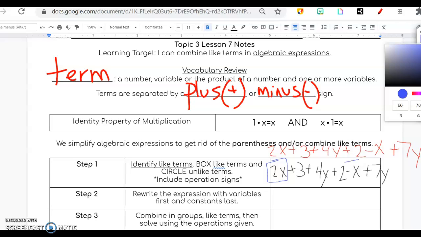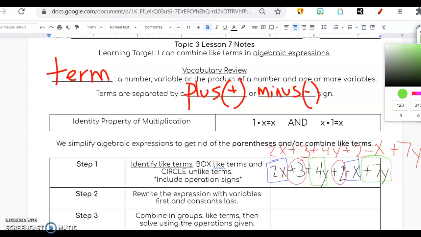I see one here, a minus x. Notice that I included that minus sign in front of the x. That's very important, okay? So then I'm going to move over to my next one. I see a 3. Circle that. And I see a 2. Those can be combined. And then I see a plus 4y plus 7y. Okay?